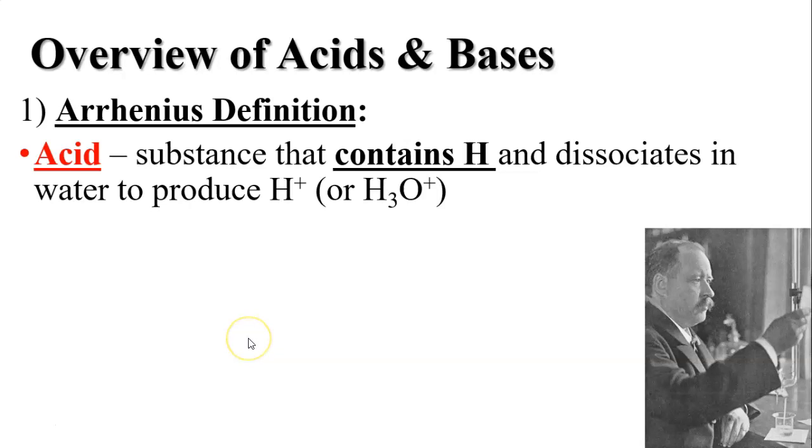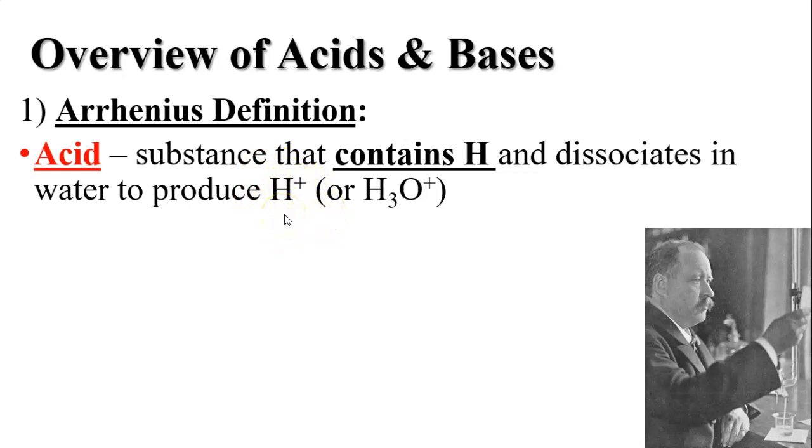Now when it comes to defining things, it gets a little harder to set a set of rules that if you fall in this box, you're acidic. So the first time that we have where someone was trying to set a definition for acid and base was this scientist down here, Arrhenius. And he, just like we've talked about so far, defined an acid as something that contains hydrogen and will dissociate in water to let go of that hydrogen in the form of an ion.